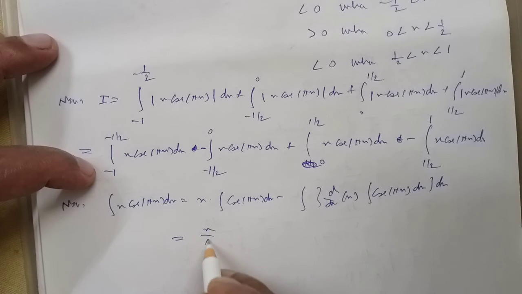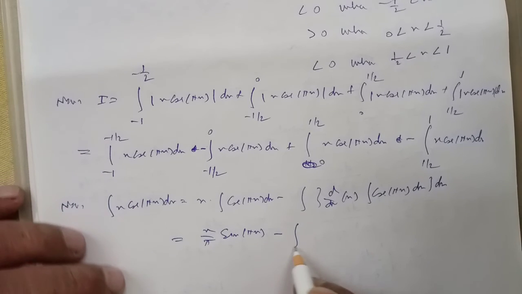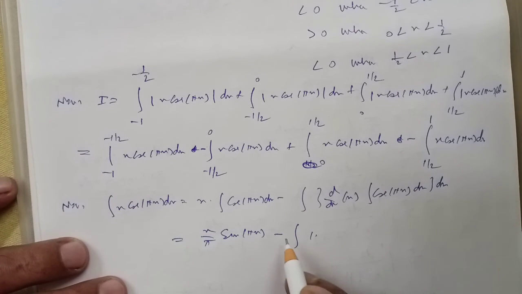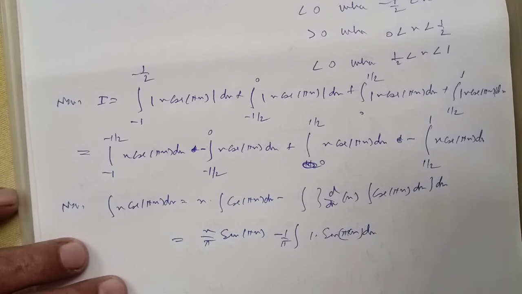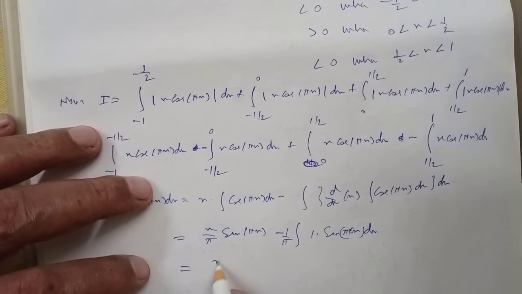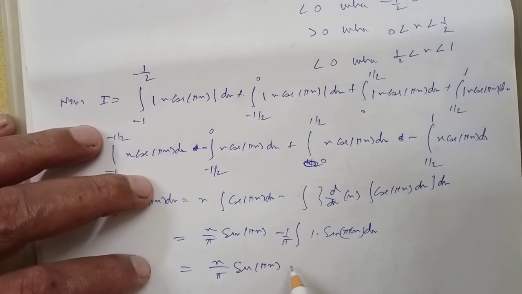This will be x by pi sine of pi x minus integration of 1 times 1 by pi sine of pi x dx. This becomes x by pi sine of pi x plus 1 by pi square cos of pi x plus c.